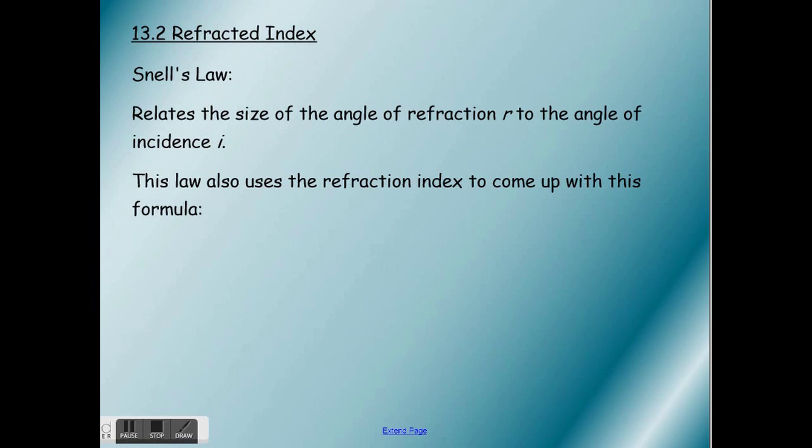Yes. No. So, Snell's law. Snell's law is something that uses the refractive index. We talked about this when we were looking at refraction, right?